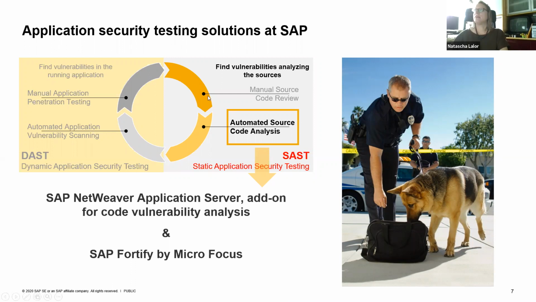That includes a manual code review, because the static code analyzer, like the Code Vulnerability Analyzer from SAP, only tests the typical vulnerabilities that we just saw, like SQL injection, missing authorization checks, and a few backdoor things, but it does not replace a manual code review.